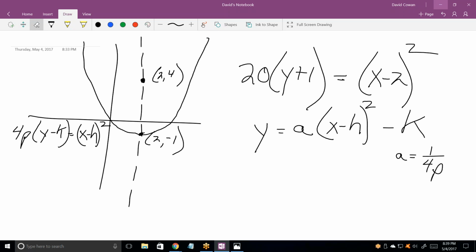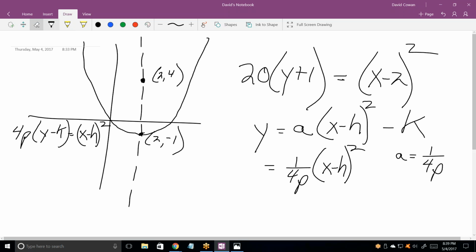Either one, you can come up with the same equation, is what I'm trying to say. Notice, if a is equal to 1 over 4p, then this becomes y equals 1 over 4p times (x minus h) squared, and I'm going to take this k and put it over here on the left side, making it y plus k. You with me? P equals 1 over 4a, and a equals 1 over 4p.